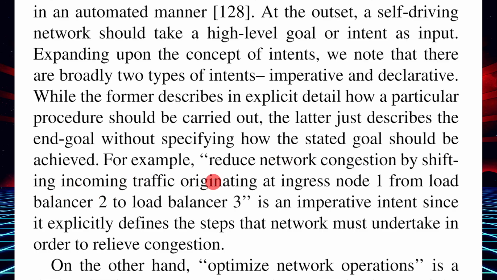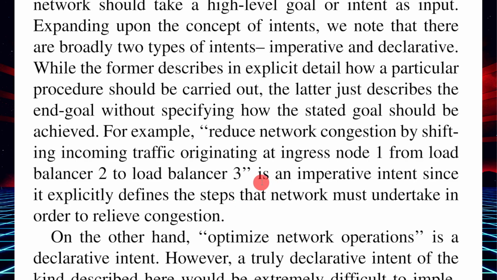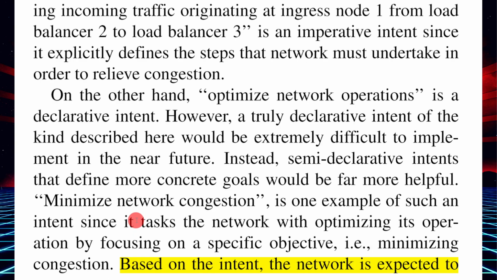For example, reduce network congestion by shifting incoming traffic originating at ingress node 1 from load balancer 2 to load balancer 3, which was the same one that was in the definition that I showed you. That's an imperative intent, since it explicitly defines the steps that the network must undertake in order to relieve congestion.